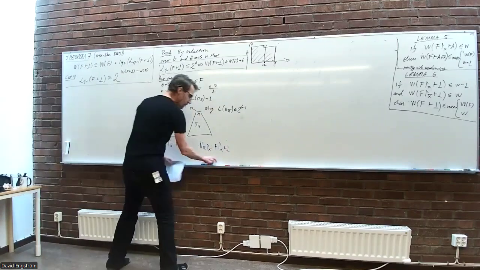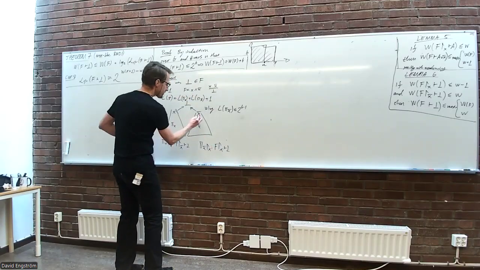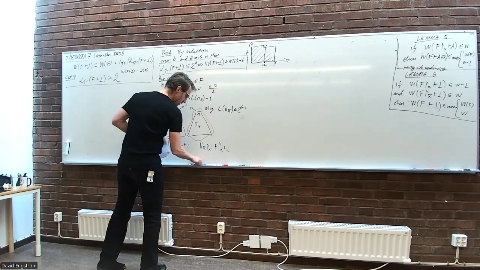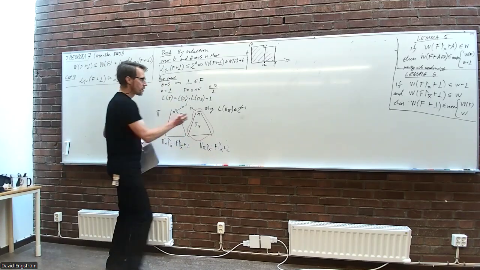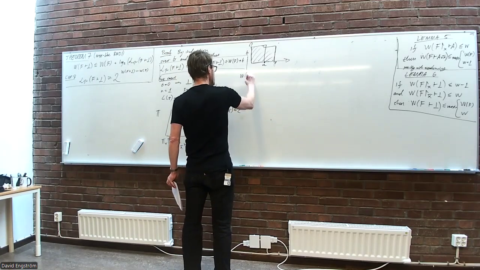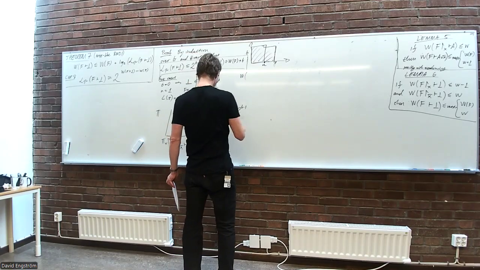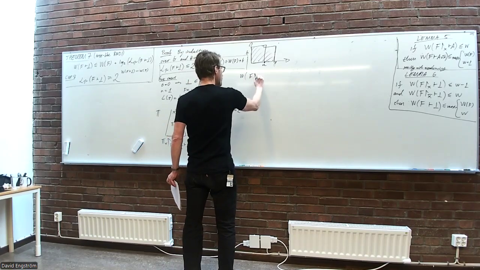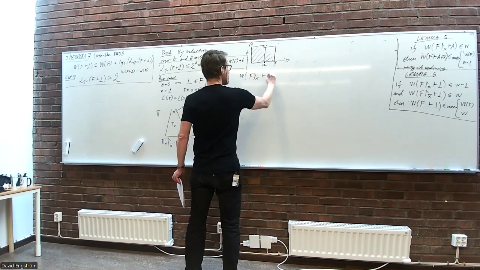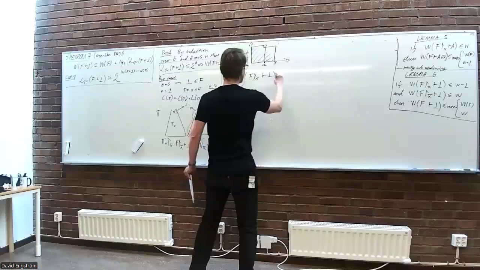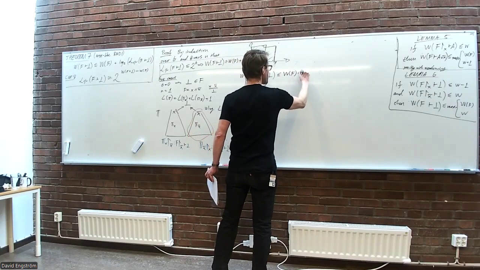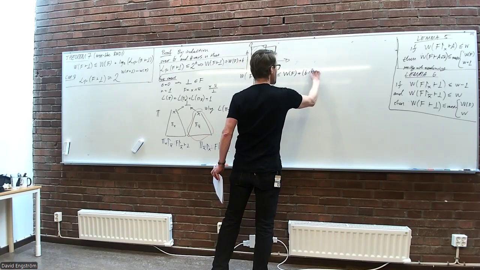So let's work on this one first. Here we can win because this one is short. So by the inductive hypothesis, I know that the width of refuting f restricted by x is at most the width of f plus b minus 1.